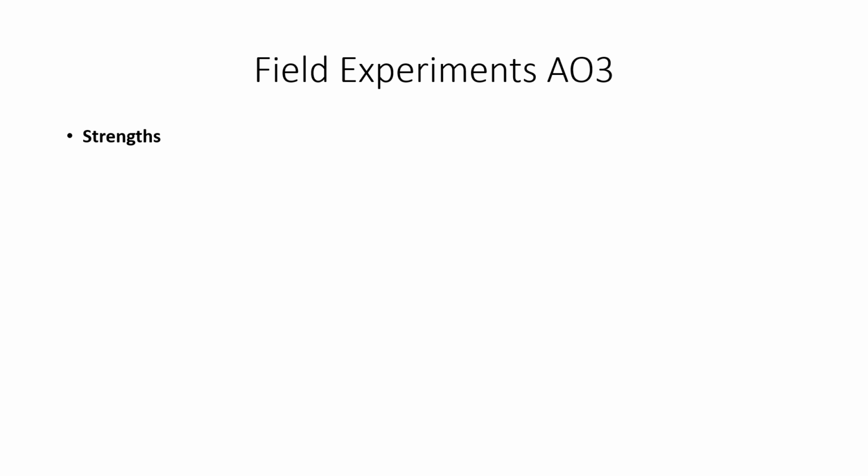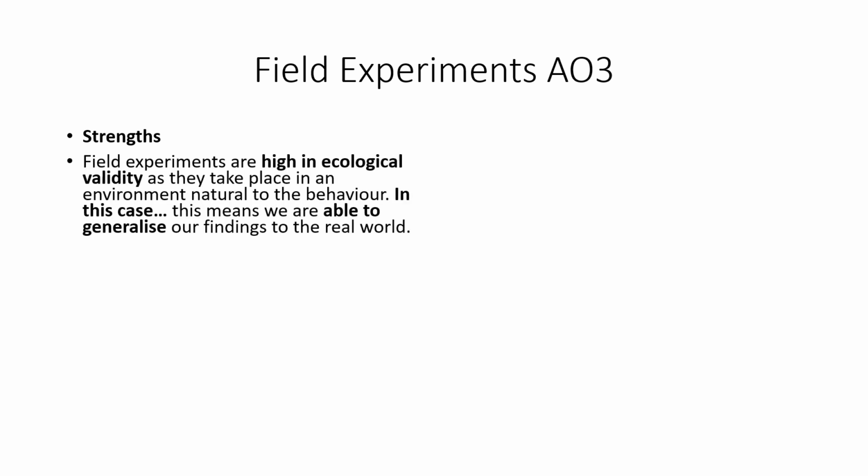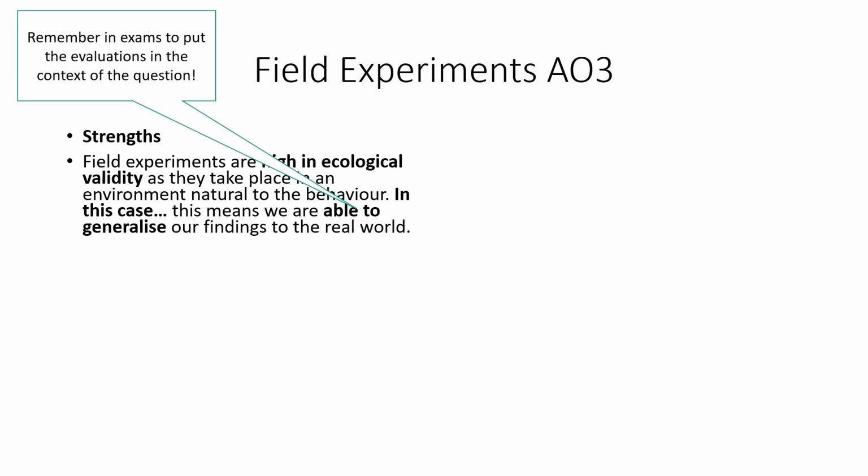Okay. So again, there are strengths and weaknesses to doing field experiments. Firstly, a field experiment has better ecological validity than a lab experiment. We said the weakness of the lab experiment is that it's a bit artificial and people act differently. In a field experiment, you get a bit more realism, so that's better, and we can generalize our findings a bit more.